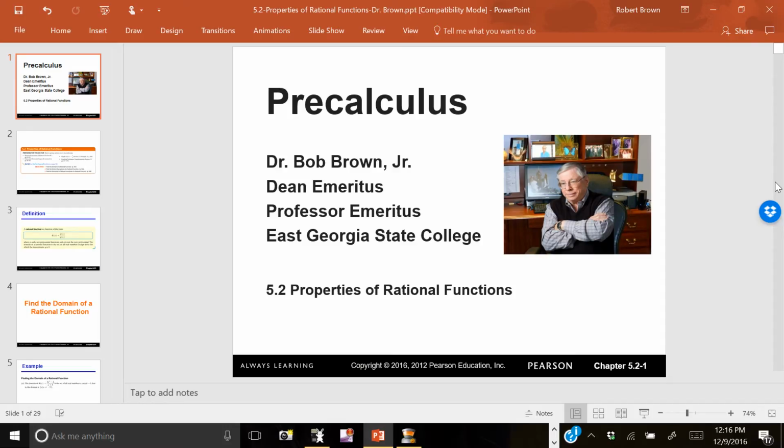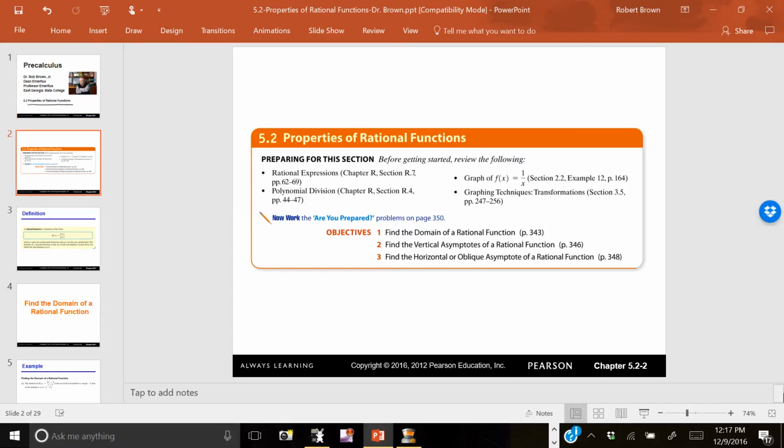This is going to be section 5.2 in our textbook, and we're going to be talking about properties of rational functions. These are three of the topics we're going to look into.